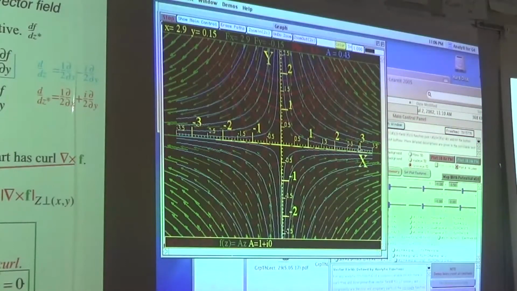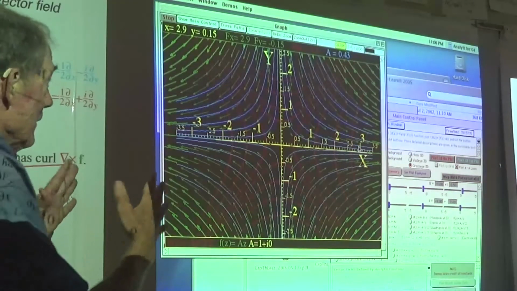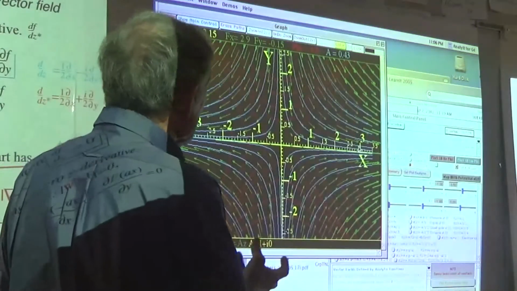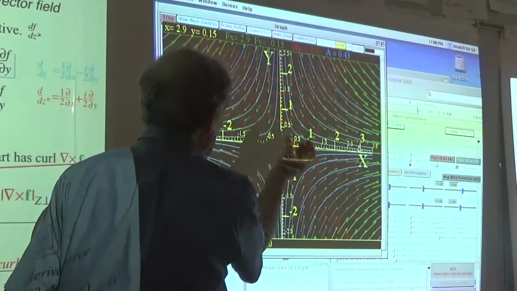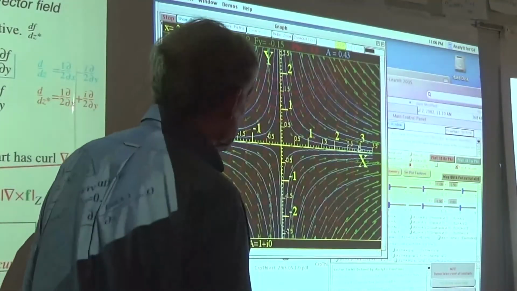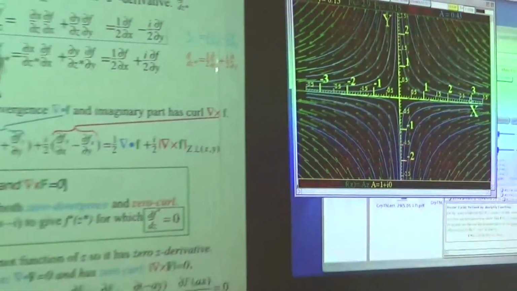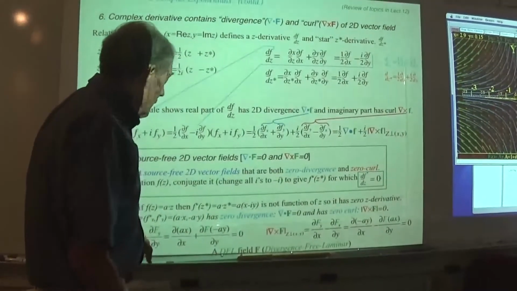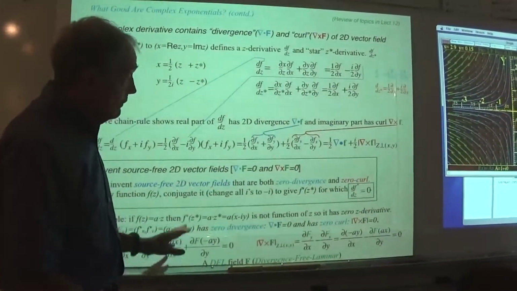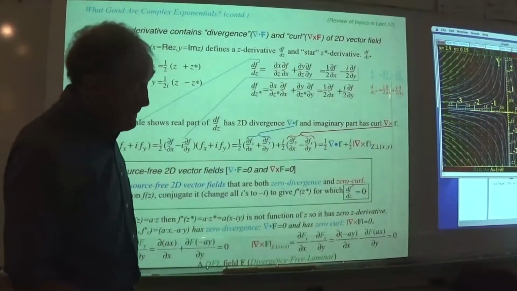So it may look like these are diverging, and in some places it may look like they're curling, but this is definitely the case, that you get 0 for this and 0 for that, if you follow this little recipe.